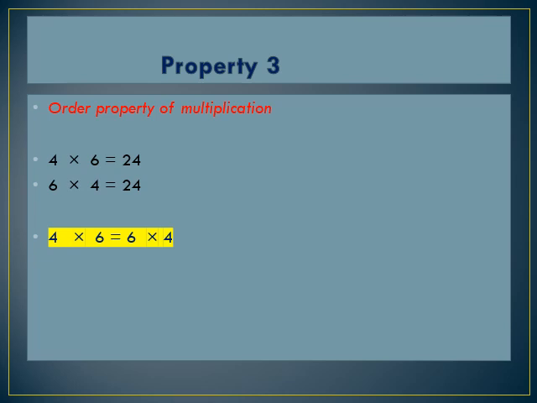It means 4 into 6 is equal to 6 into 4. This is the order property of multiplication. It means even after changing the order of the numbers, the product does not change.